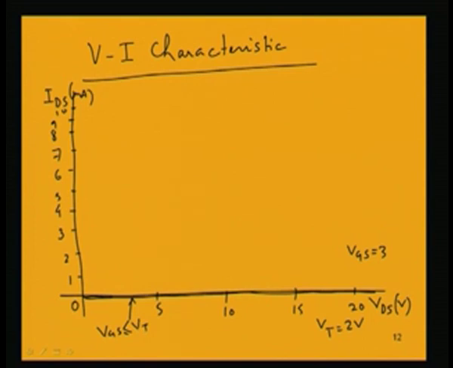Now, as we go on increasing the VGS, when say VGS is equal to 3 volt, then there will be a rise of current.